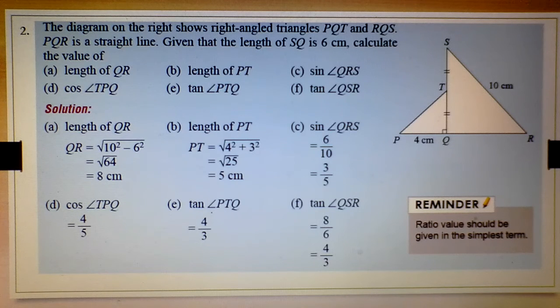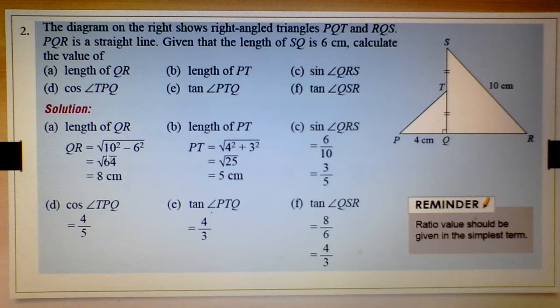Okay, and then SQ given 6, SR 10, so you can calculate for QR using Pythagoras theorem. If you can remember the value for the triangle using Pythagoras, so here is 6. Okay, here is 6, meaning here is 8, and here is 10. 6, 8, 10.